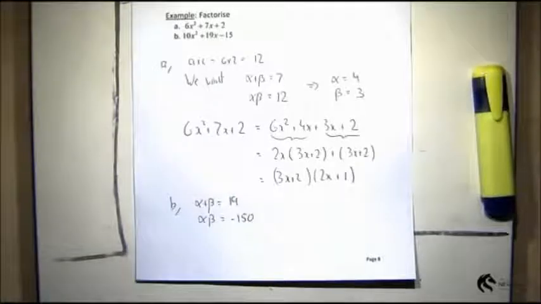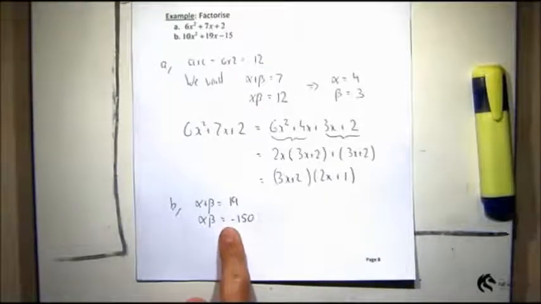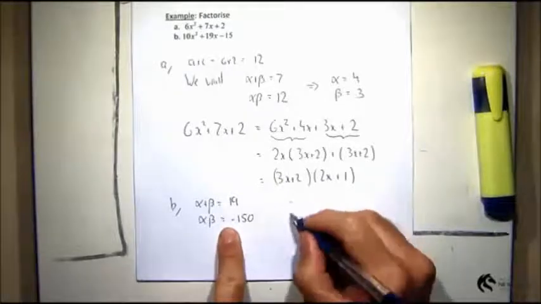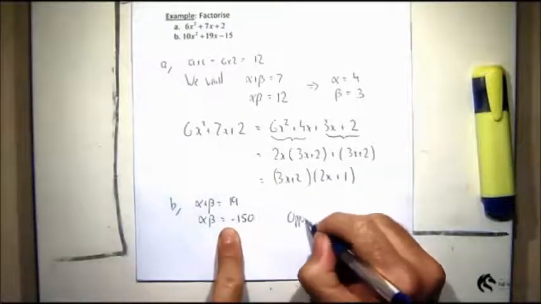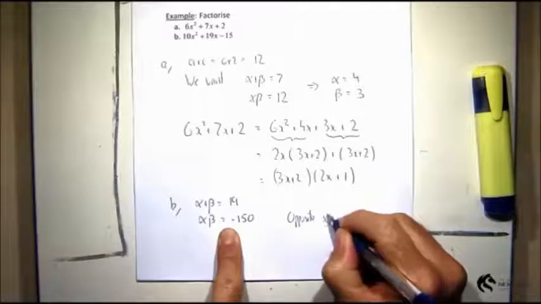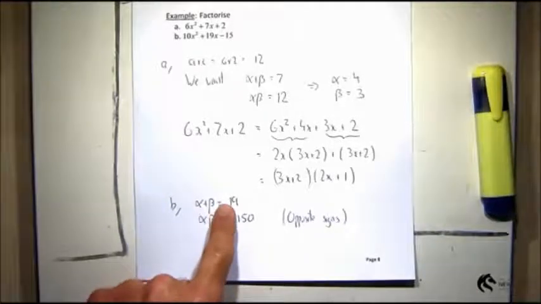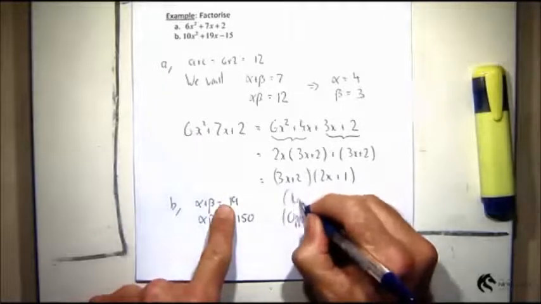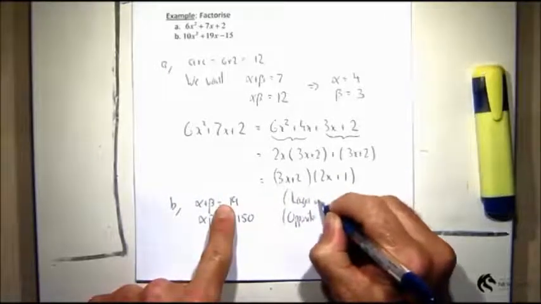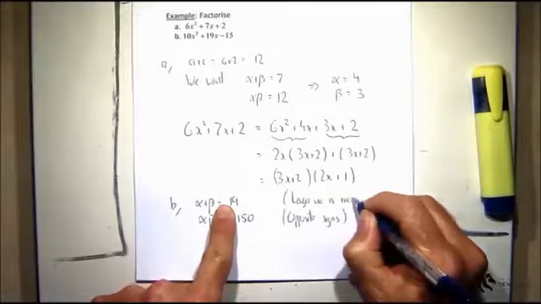That looks horrible, but let's see what we can do. Alpha times beta is negative, so they're of opposite sign. The fact that alpha plus beta is positive tells me that the larger one is positive.